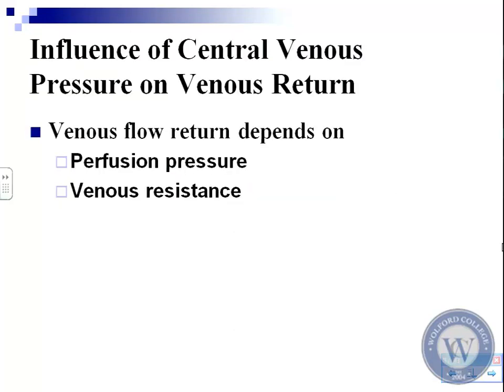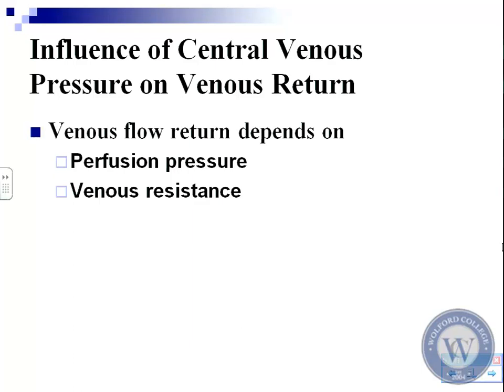Now, what influences central venous pressure or venous return is that the venous return depends on perfusion pressure and venous resistance. Under normal circumstances, what happens to venous resistance? What did we talk about last hour? It's pretty much an already dilated state, so there's not that much venous resistance.